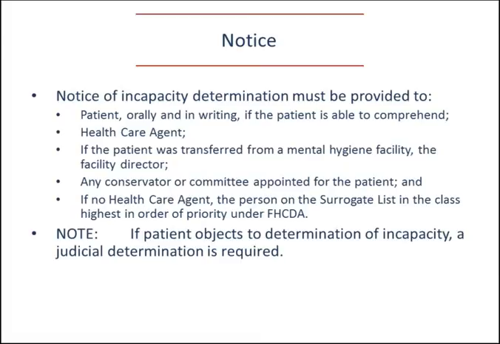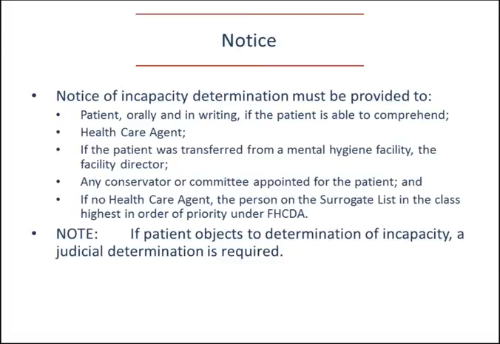If the patient is on a medical surgical floor of the hospital and they were transferred from a mental hygiene facility like the psychiatric unit, then the facility director of that mental hygiene facility must receive notice. Also any conservator or committee appointed for the patient. And if there's no healthcare agent, notice must be given to the person on the surrogate list in the class highest in order of priority under the Family Healthcare Decisions Act.